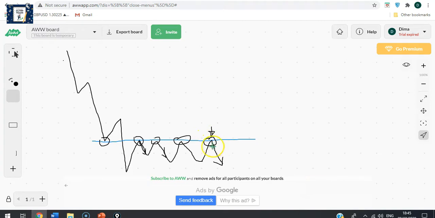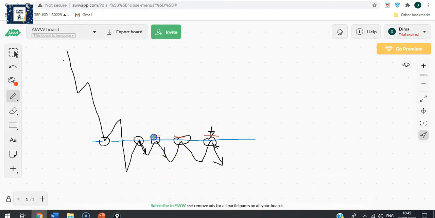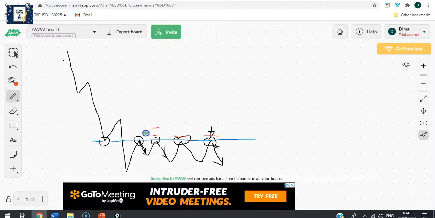What does that mean? That means that many people are placing their sell orders around about this level, and they're placing their stop loss above. So each time, the first time, traders have entered here and placed the stop loss above, entered here, placed the stop loss above, or perhaps a little higher. But each time, what we have is an accumulation of orders.